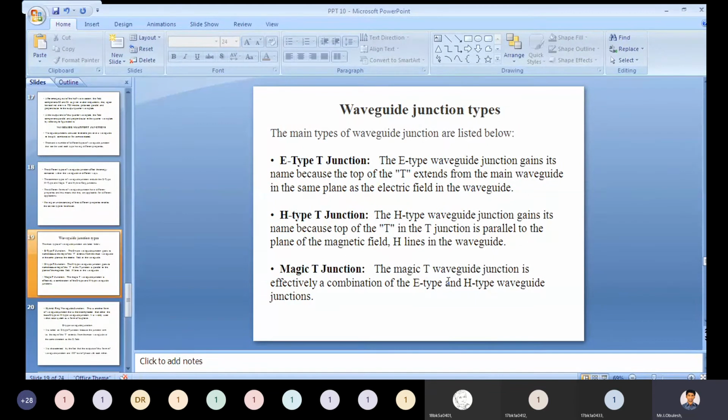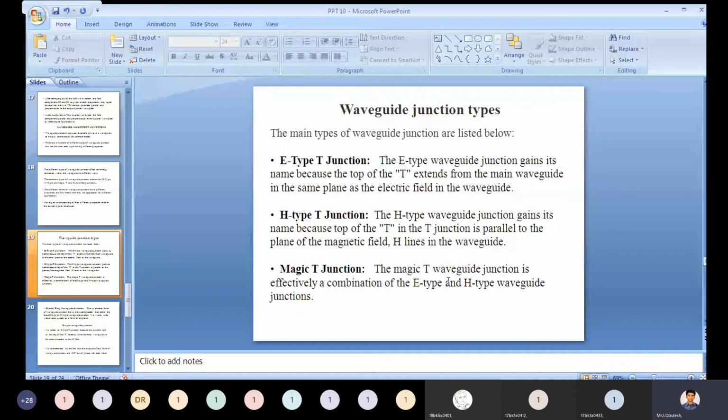Coming to the first one, the E-type junction. The E-type waveguide junction gains its name because the top of the T extends from the main waveguide in the same plane as the electric field in the waveguide.